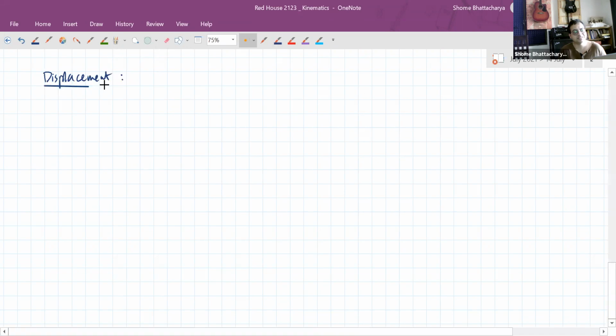But let's start with the displacement. Typically we denote the displacement as the vector S, and it is described as the vector joining the initial to the final position of the particle.